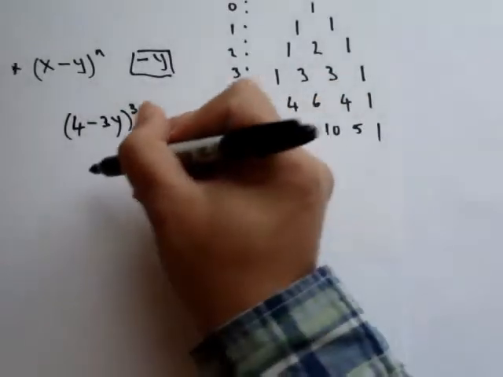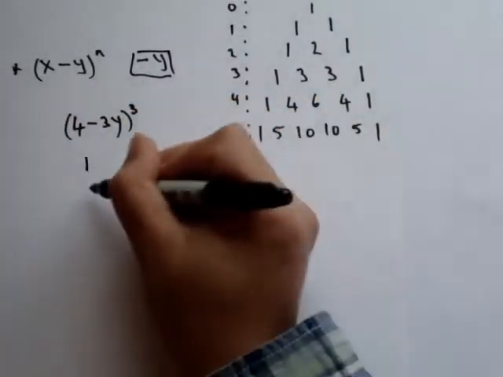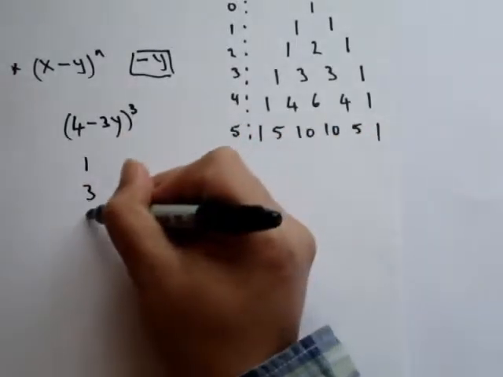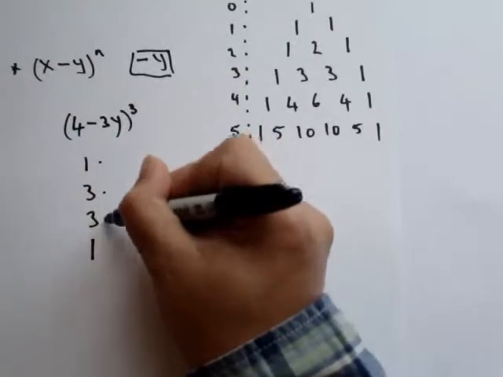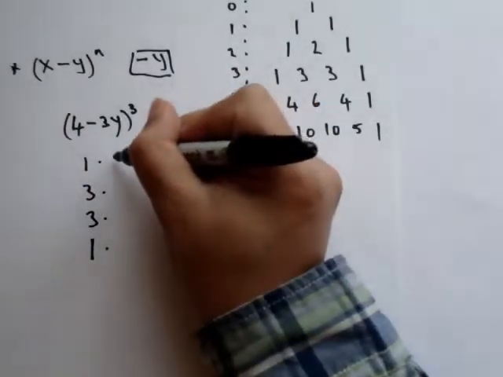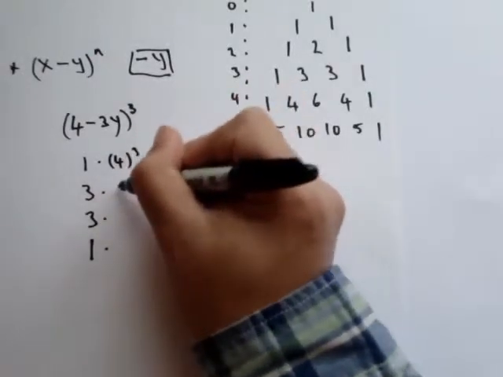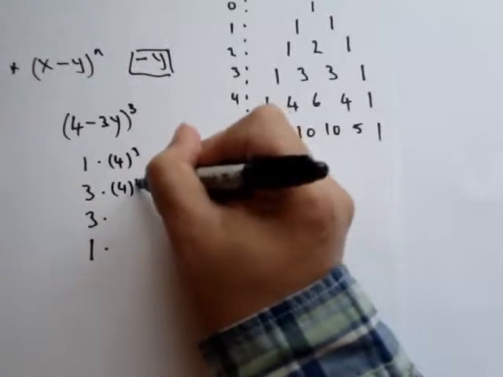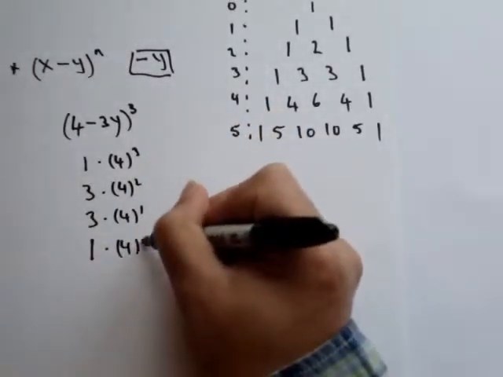So we get 1, 3, 3, 1. So we multiply this by our a, which are going to go down in power, so it will be 4 to the power 3, 4 to the power 2, 4 to the power 1, and 4 to the power 0.